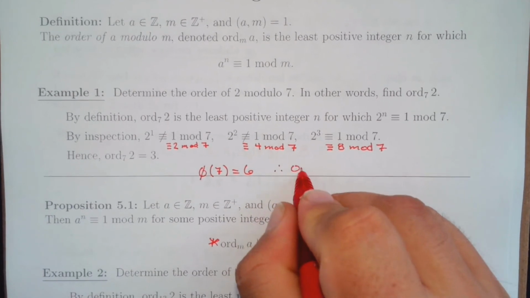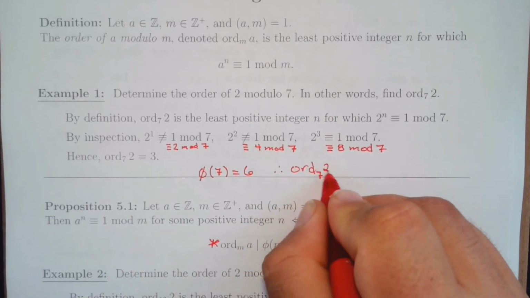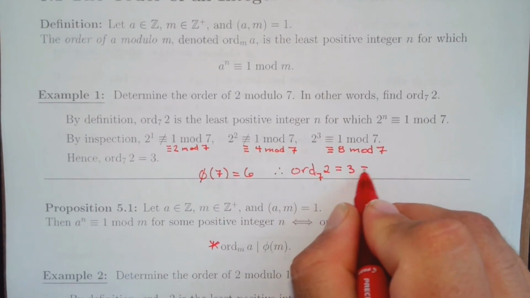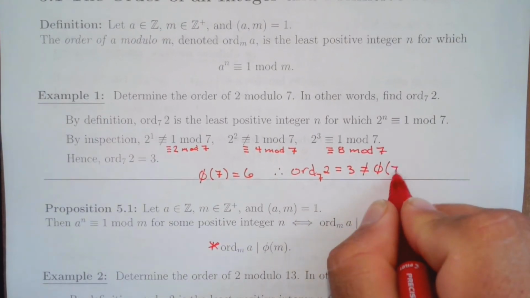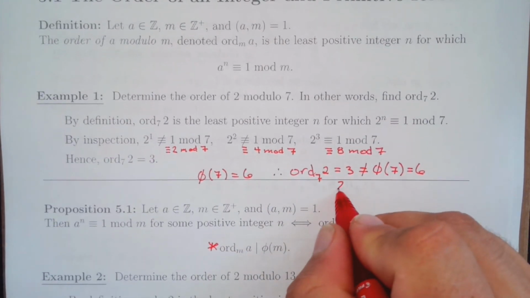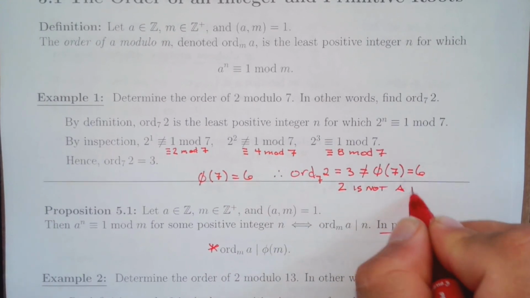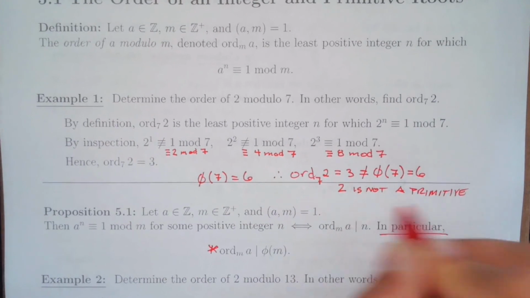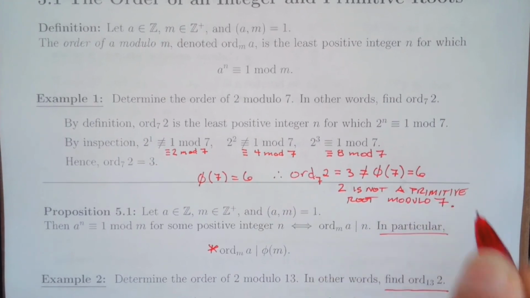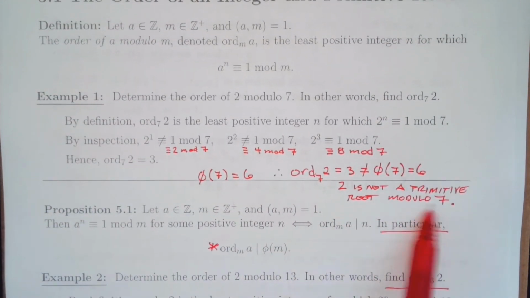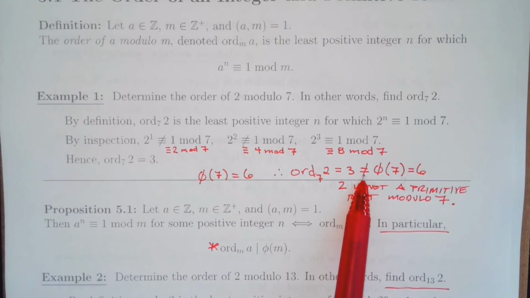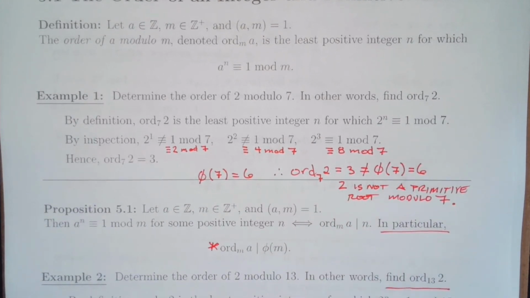So the order of 2 modulo 7, equaling 3, does not equal the phi function value of 7, equaling 6. So we say 2 is not a primitive root modulo 7, because the order of 2 modulo 7 is not equal to the phi function value of 7.